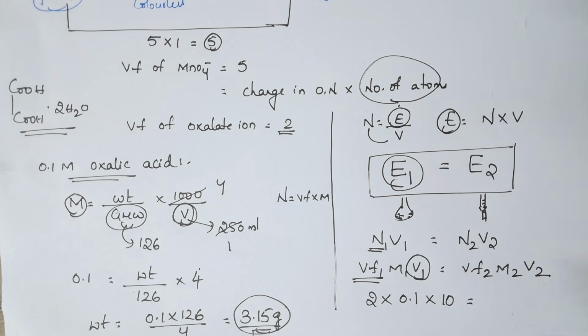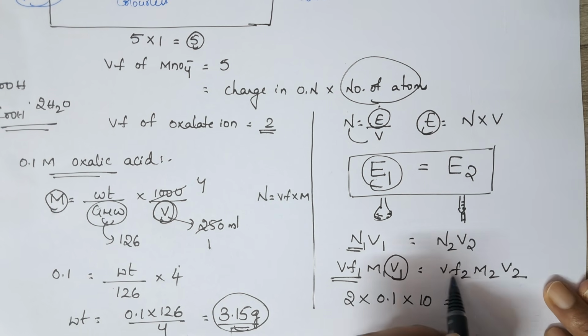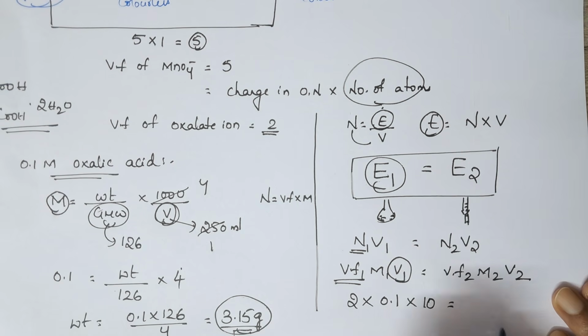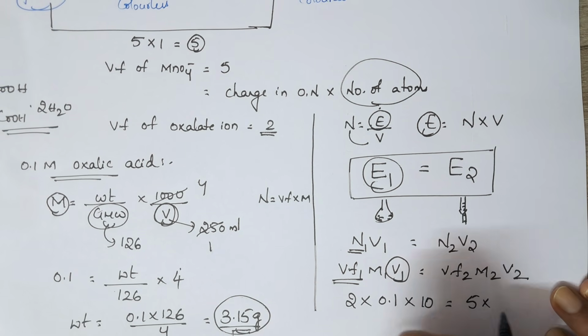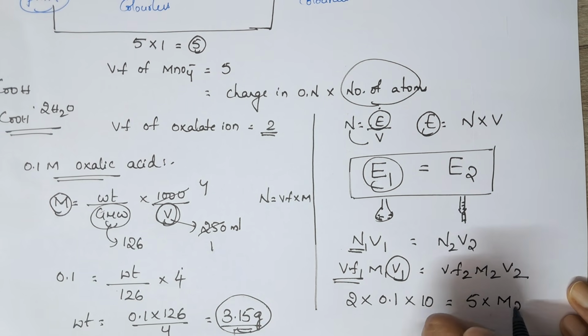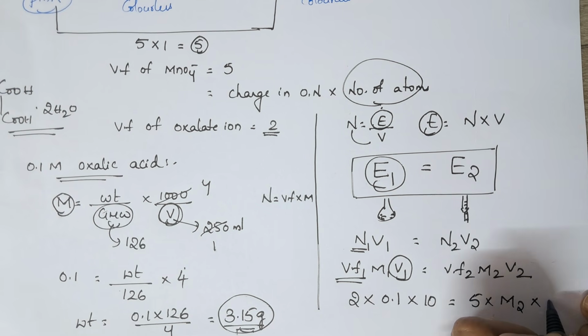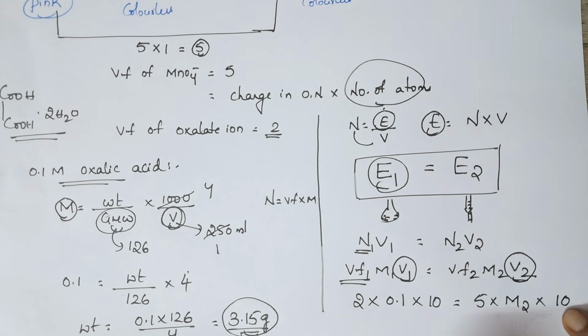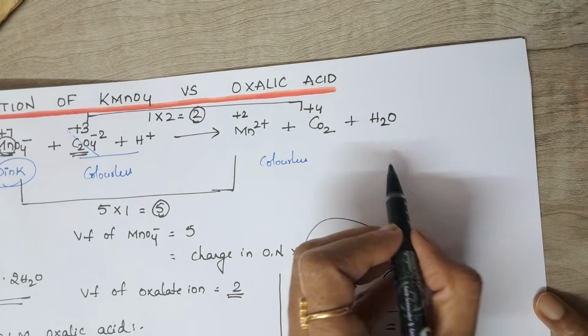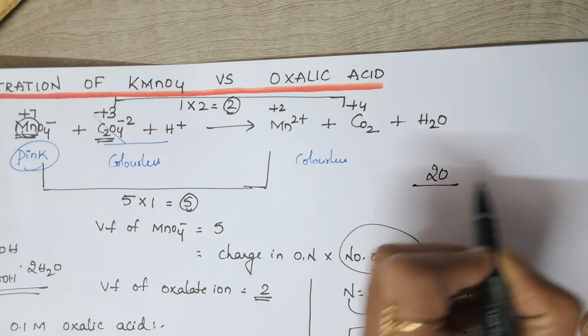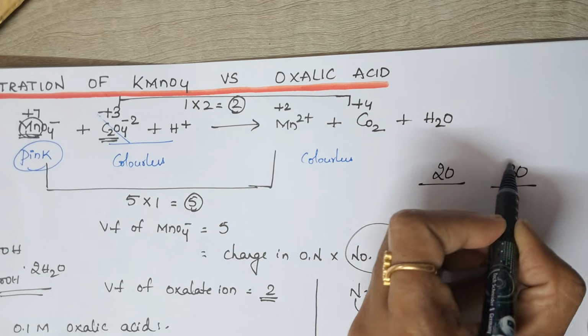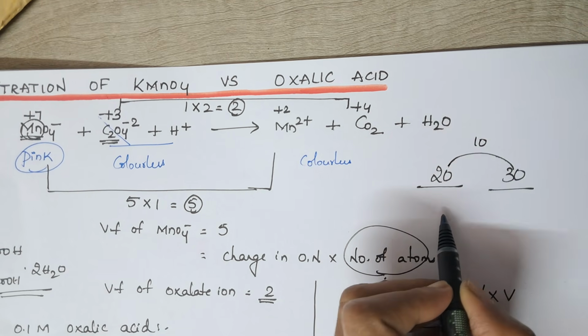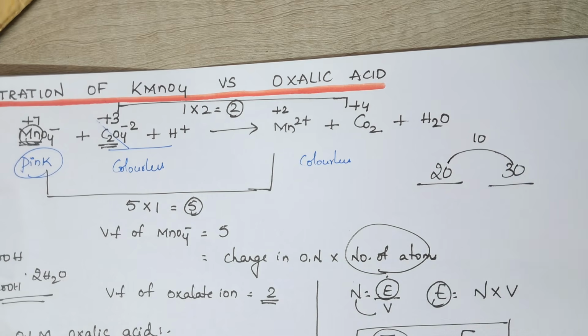Valency factor for KMnO4 is 5, molarity the students have to calculate, and volume is what we got in the burette reading. 10 is the difference. I started my calculation with the burette reading at 20 and finally got 30, so the difference is 10. If you start at 0, you will get it at 10.